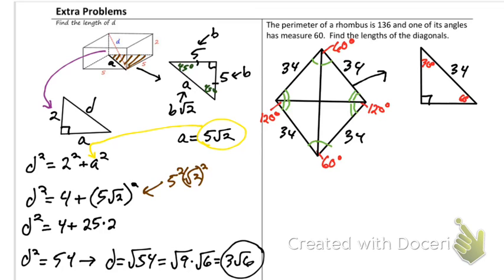Now if I label this with S's, I would have S. This is S square root of 3, and this would be 2S.